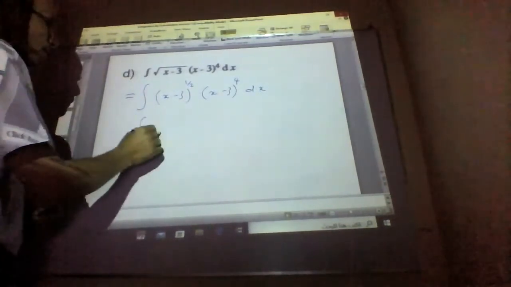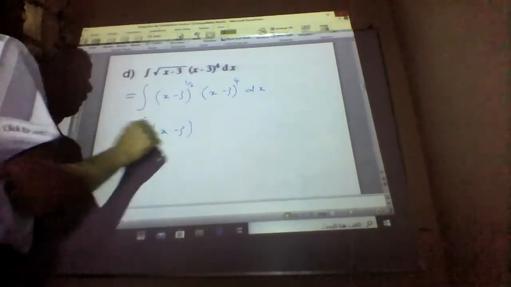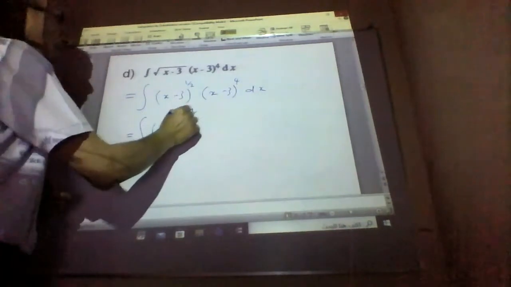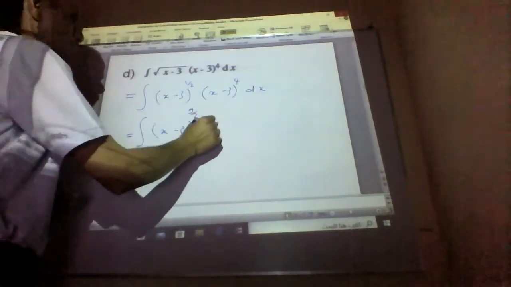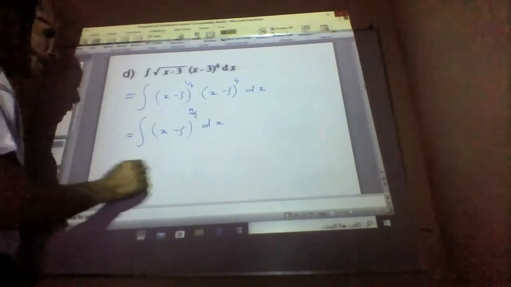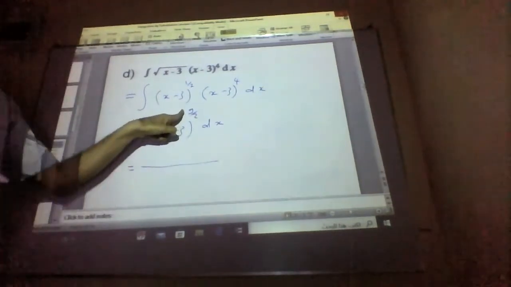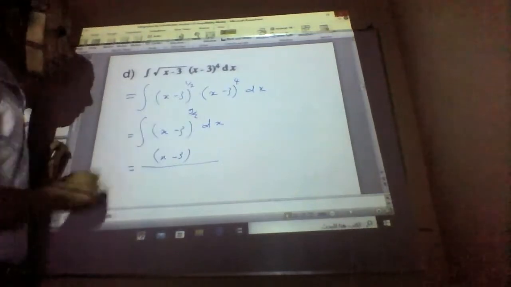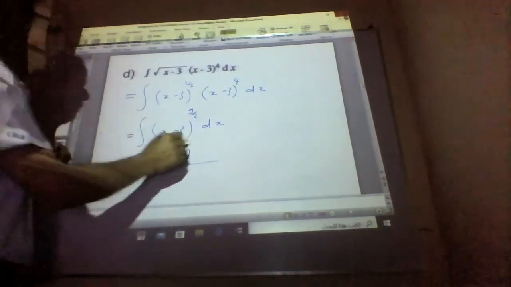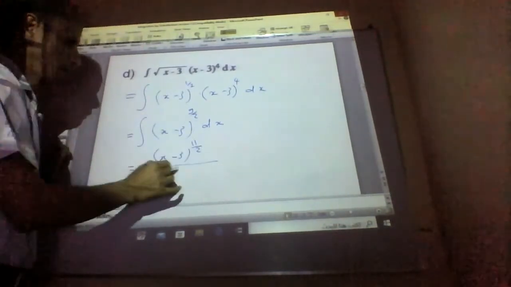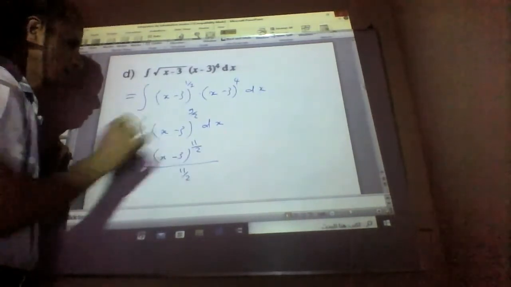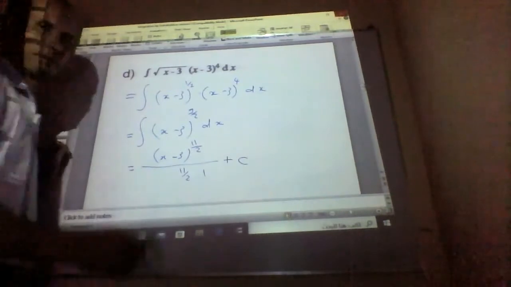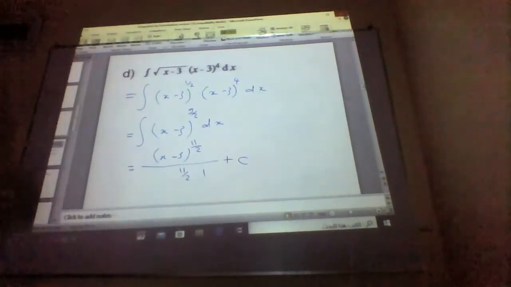It will be (x minus 3) power 4 plus half, which is 9 over 2. By adding 1 to the power, it will be (x minus 3) whole power 11 over 2 divided by 11 over 2 multiplied by the coefficient of x, which is 1, plus the constant.